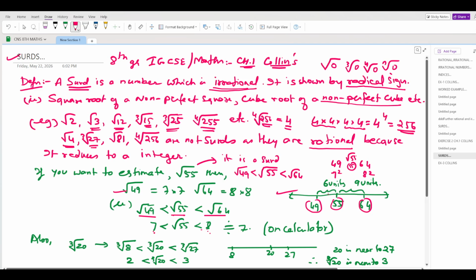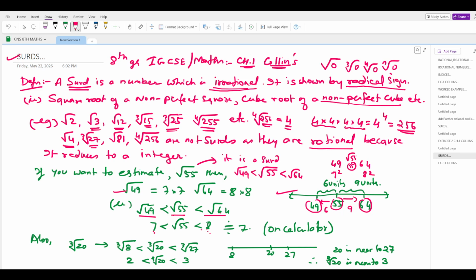It is 6 units, so 49 plus 6 is 55. So 49 is 6 units away from 55 on the left hand side. Same way, 64 is 9 units away from 55 on the right hand side. So this is 9 units, this is 6 units, isn't it?